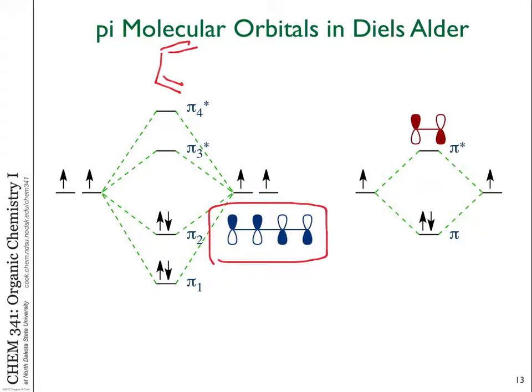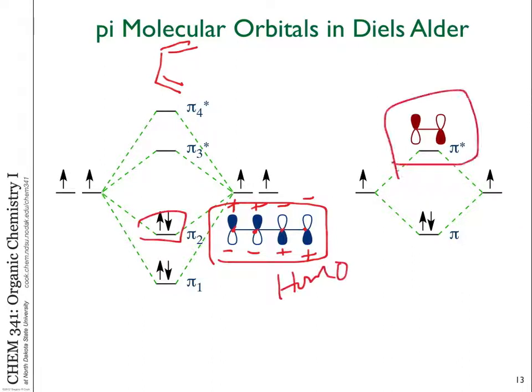On one end, let's say we have plus, plus, minus, minus. Minus, minus, plus, plus. So that represents the 4 carbons in a row. I've just drawn it out in a row. That highest occupied molecular orbital has to react with this orbital of our double bond, the lowest unoccupied molecular orbital.